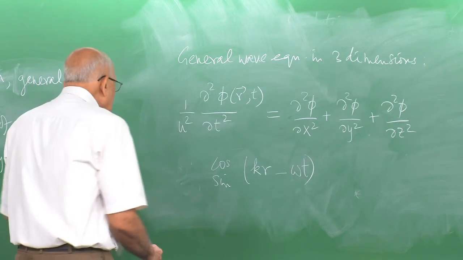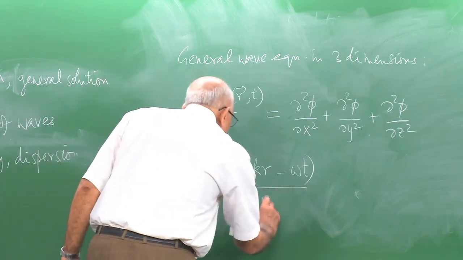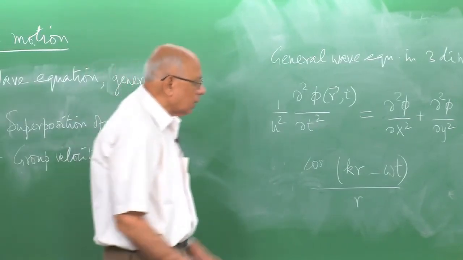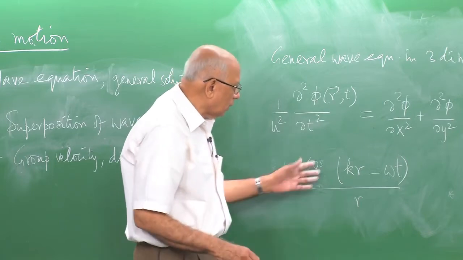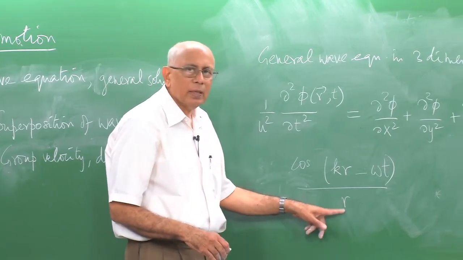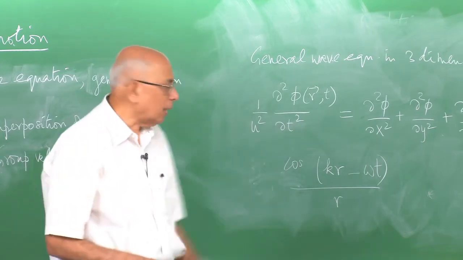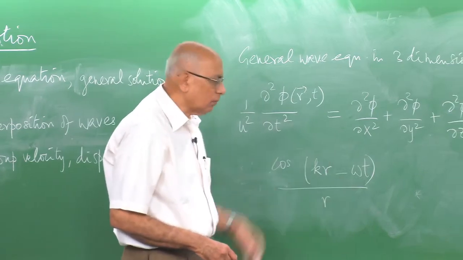So, that requires that this thing be proportional to 1 over r in 3 dimensions, so that the square of the amplitude goes like 1 over r squared, compensating for the increase in the surface area by a factor r squared. This kind of thing is called a spherical wave.